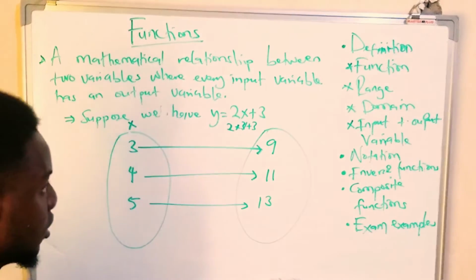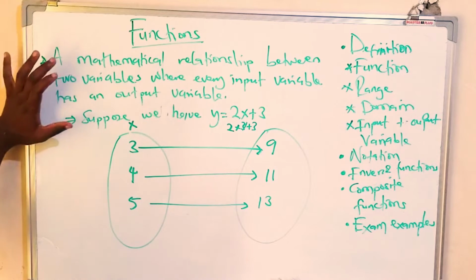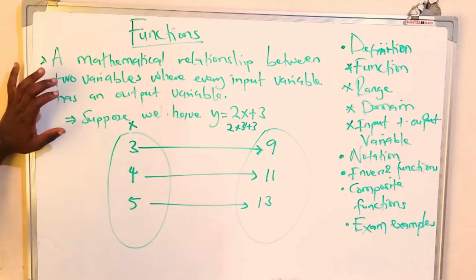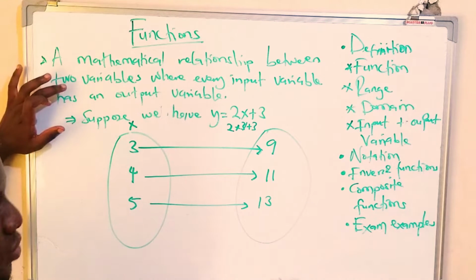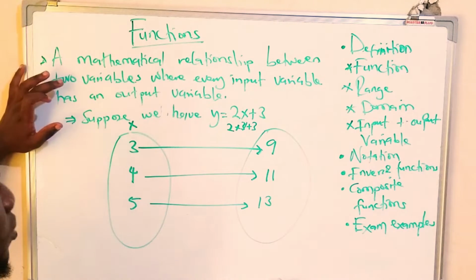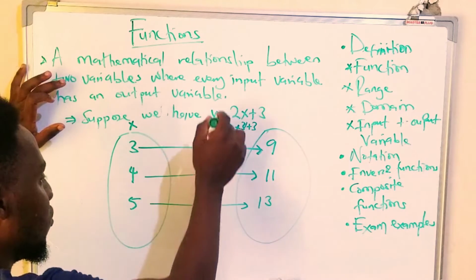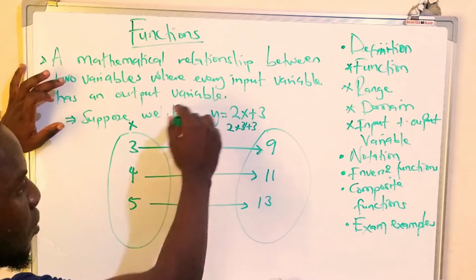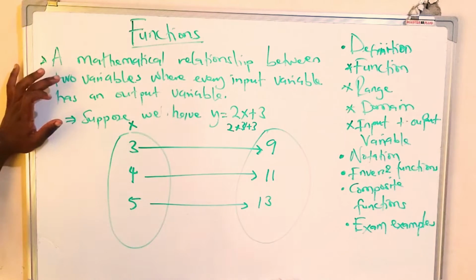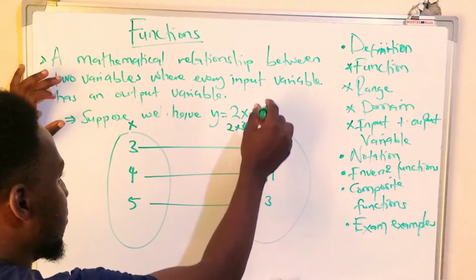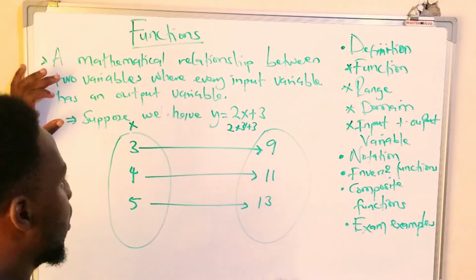So as you can see from the definition here, this qualifies to be a function because we say a mathematical relationship between two variables. What are those variables here? The input variable or the independent variable x, while y is the output variable or the dependent variable. So this relationship is multiplying x by 2 and adding 3.